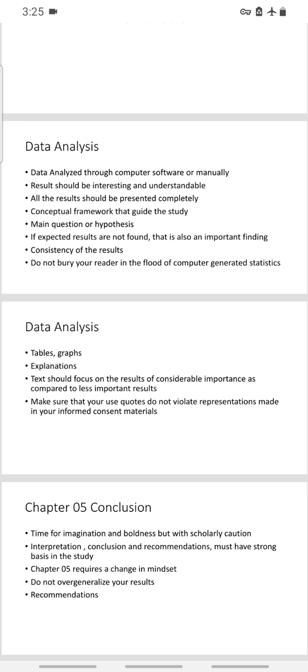In simple words, your conclusion chapter, chapter number 5 of your thesis, sometimes in different universities it's chapter number 6. But when you conclude your thesis, most of the time researchers are confused about what to write in the conclusion. Actually, you have to go back to your research questions.